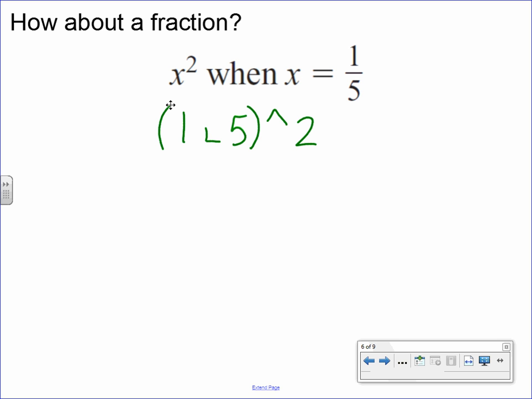Easier than that, and if you have a graphing calculator, this is how you're going to do it, because the graphing calculator does not have that little ABC button. You're going to use your parentheses. We're still going to use the squared, but every time you type a fraction in, fraction is division, so you're just going to use your division key. And if you have the older calculators, like the red ones or the blue ones, you can still use this method. I personally always put my fractions in parentheses, and I just use the division key, because that's going to work on any calculator.